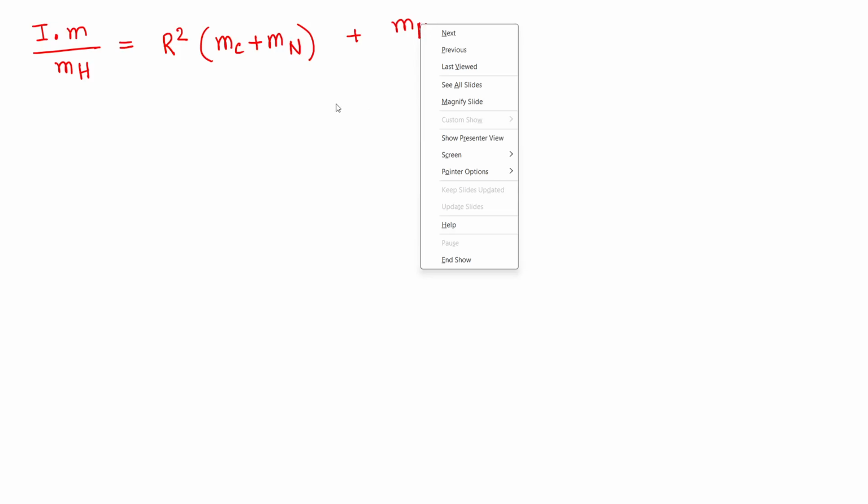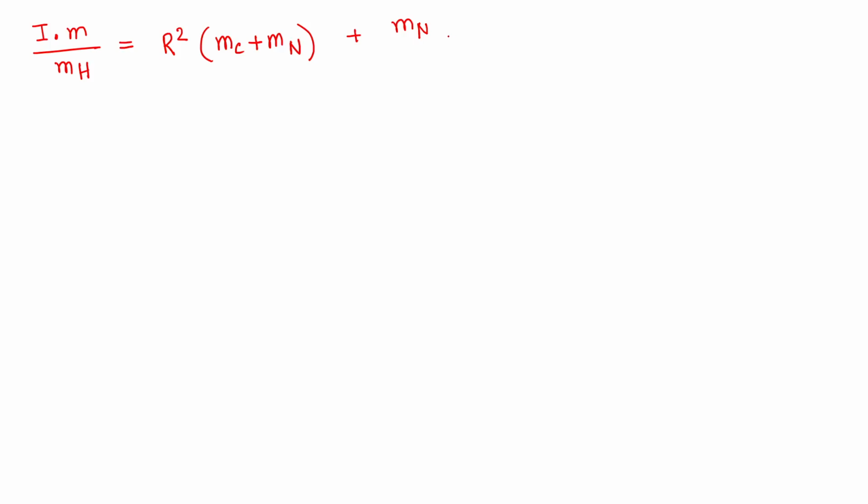So what we got, I into M divided by M_H, is something like r square, mass of carbon plus mass of nitrogen, plus mass of nitrogen into r dash square divided by mass of carbon divided by mass of hydrogen plus 1, plus 2 M_N r r dash, right?